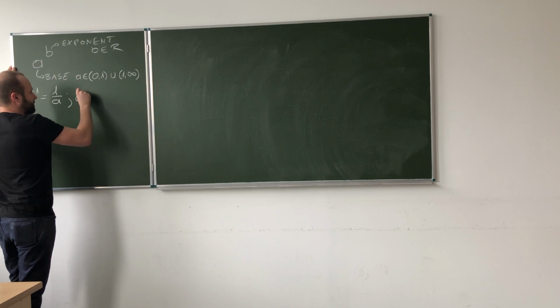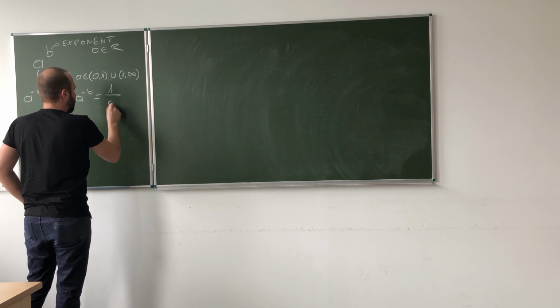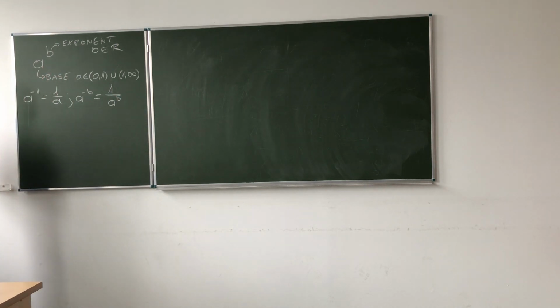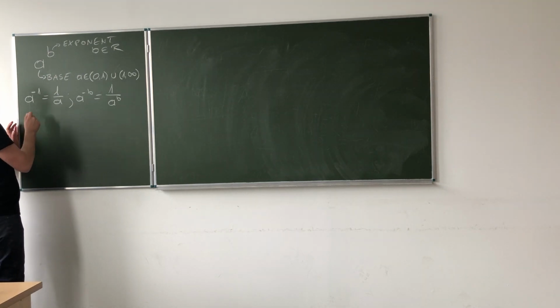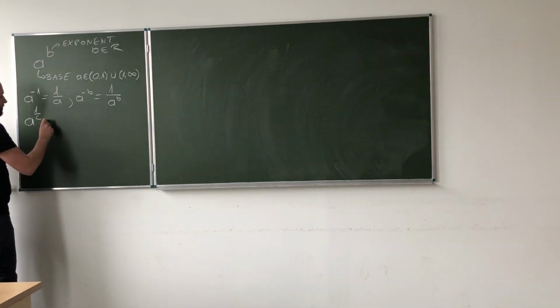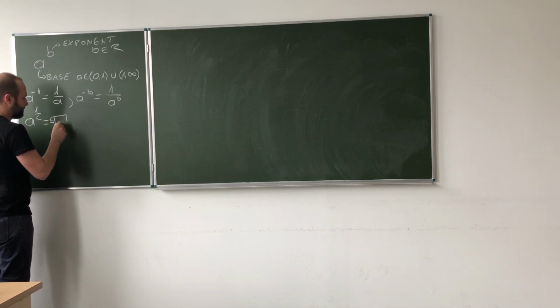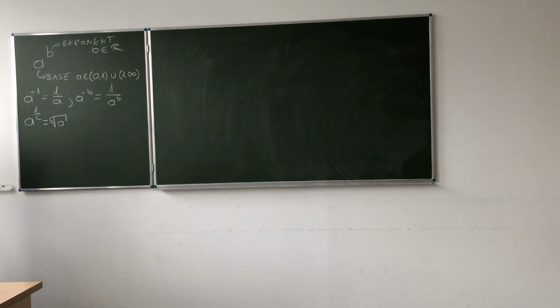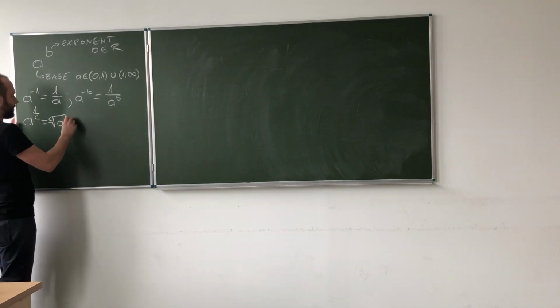If we have a to the power negative b, this is 1 over a to the power of b. Then what do we do when we have a to the power 1 over c? Well, in this case, we're supposed to take the c-th root of a.